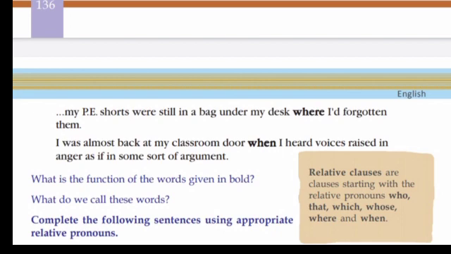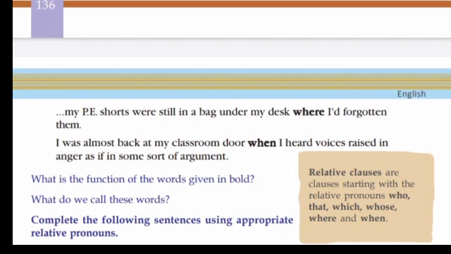of argument. Children, here in these 4 sentences, we can see the words given in bold. What is the function of the words given in bold? The words that, who, where, when are used to connect a clause or a phrase to a noun or pronoun.